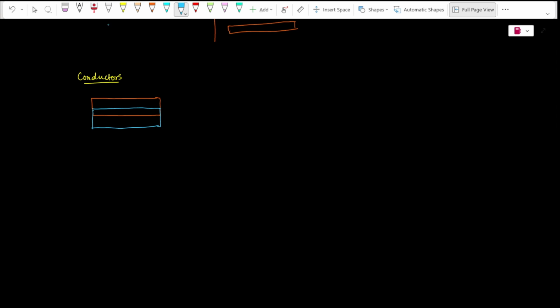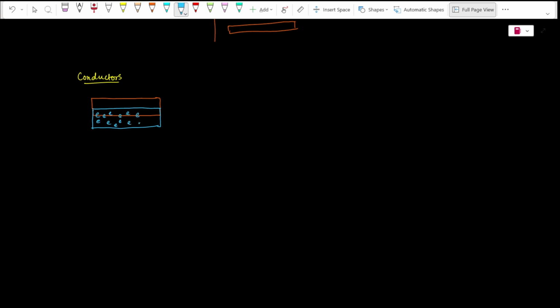So what I mean to say here is that in the case of conductors, this blue is my valence band, this orange is my conduction band, and these overlap at this particular region. So you know that this blue region, which is my valence band, is completely filled with electrons.